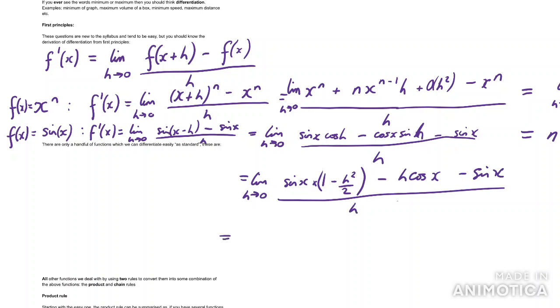Once we've tidied this up, we get sine x minus sine x times h over 2 plus cos x, sorry, that's a plus, and so as h tends to 0, we just get cos x.